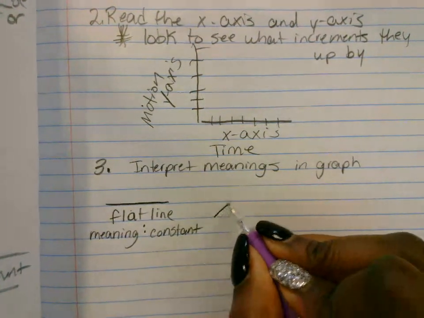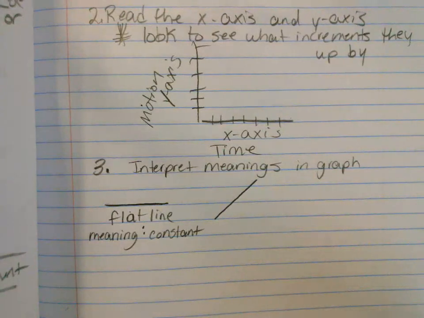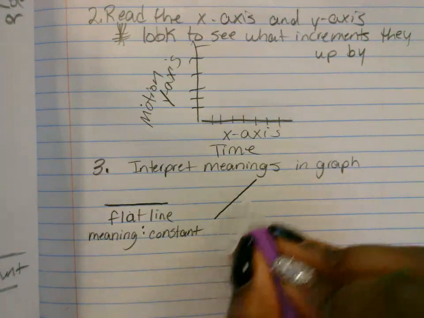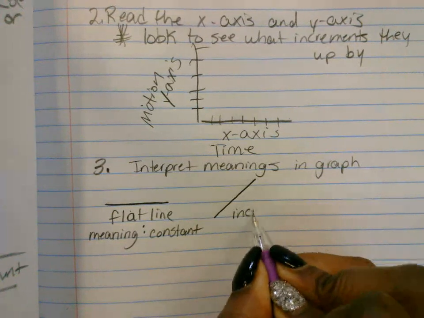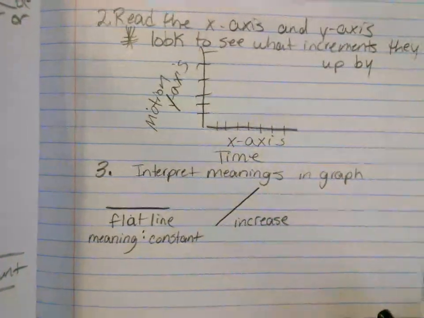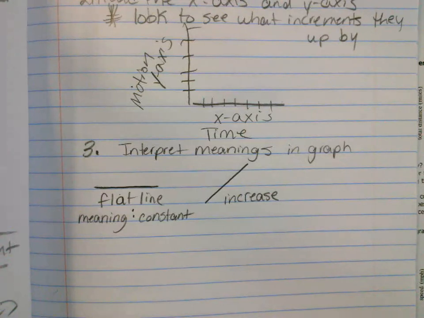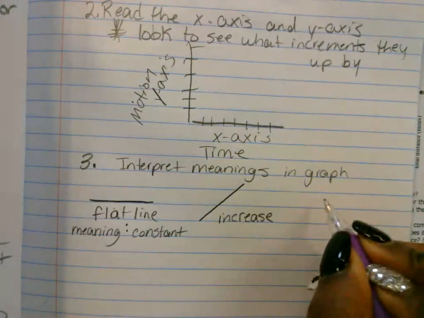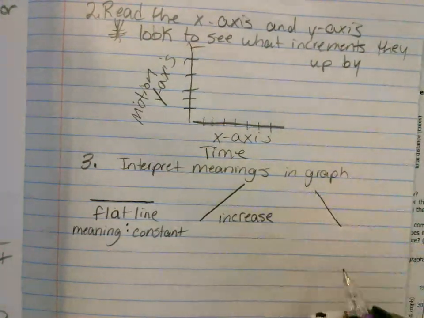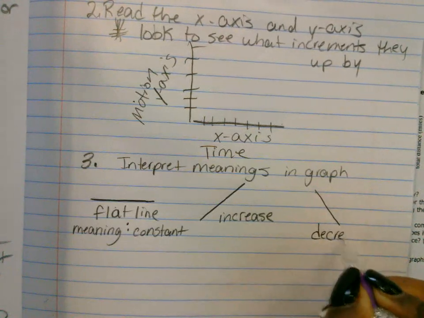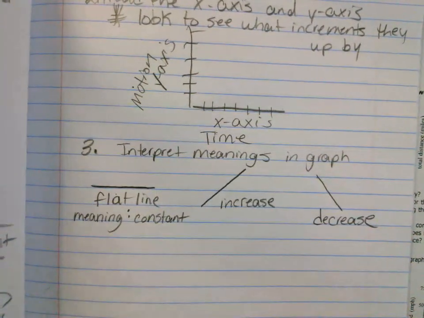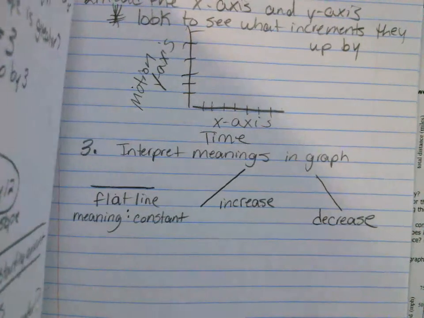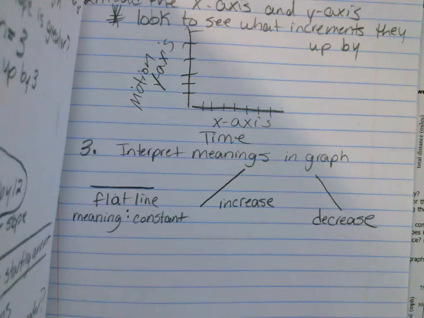If you see where the line is going up, this is an increase. If you see where the line is going down, this is a decrease. So flat line, constant. Line going up, increase. Line going down, decrease.